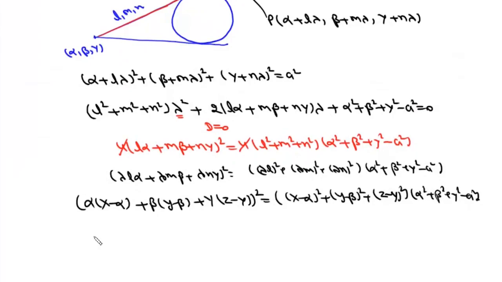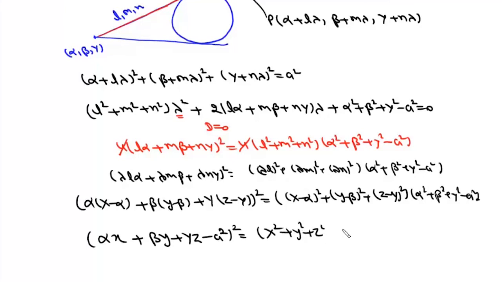And if we simplify this, it'll simplify to (alpha x plus beta y plus gamma z minus a square) whole square equals (x square plus y square plus z square minus a square) into (alpha square plus beta square plus gamma square minus a square).